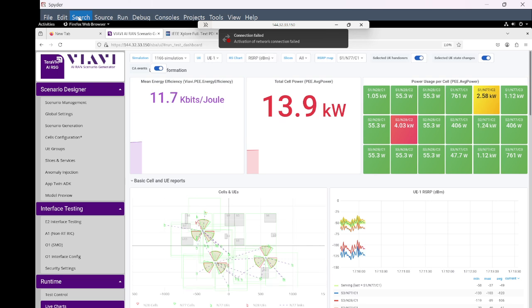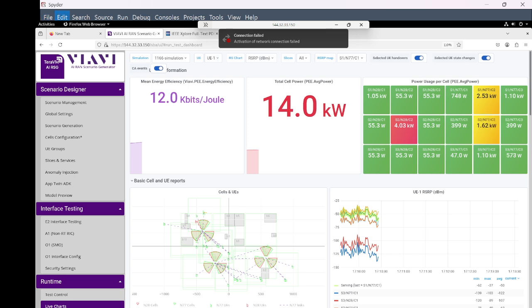Users are moving, and we expect to have some cells on and off.